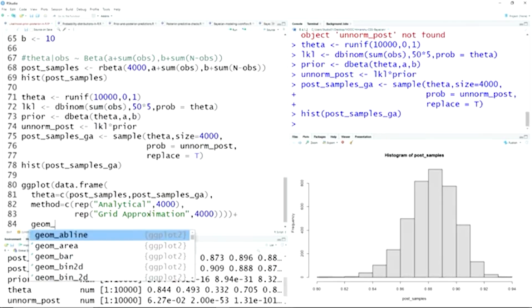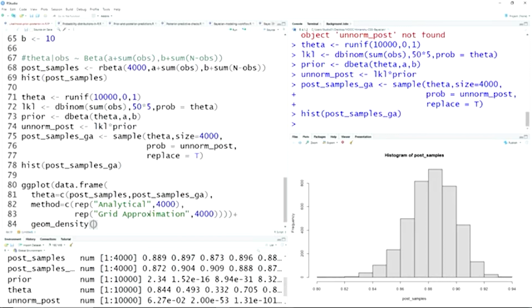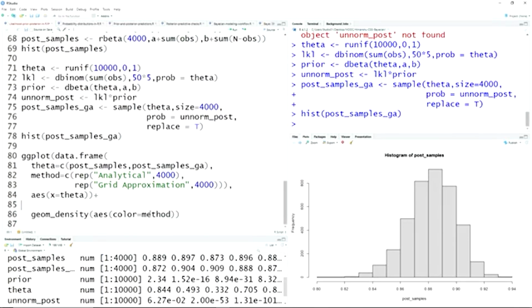Now we can draw, let's say, a density plot or something, where color is method. So of course here you also need to give the aesthetic: x-axis equals theta. Okay, so this will work now.